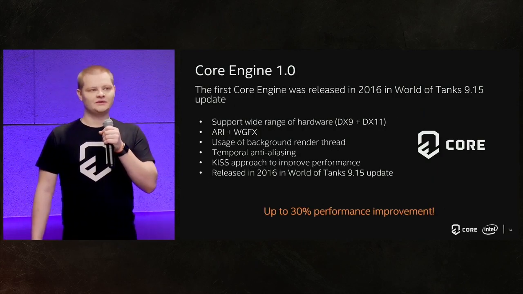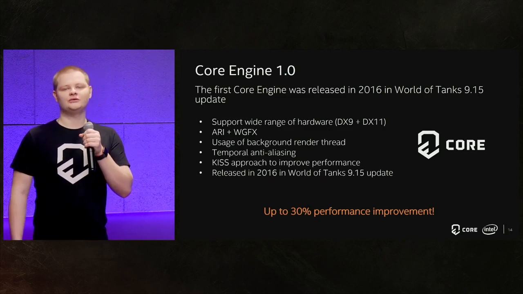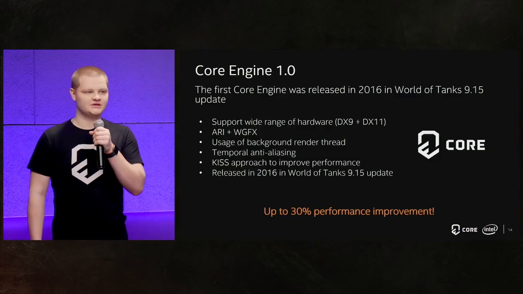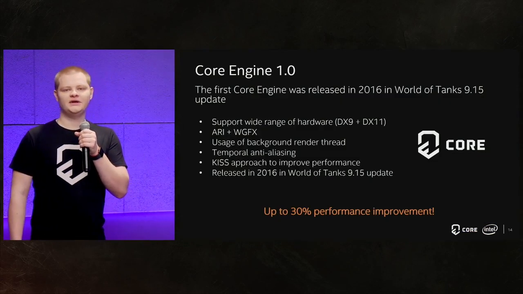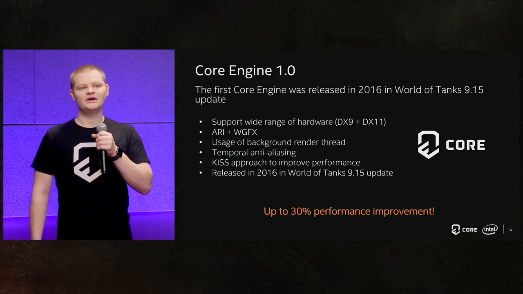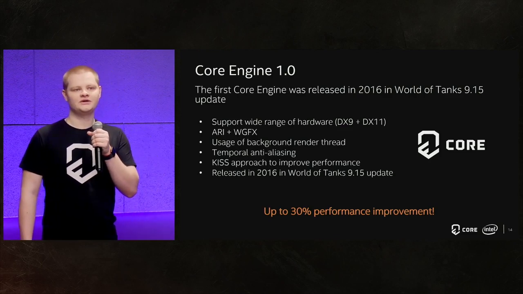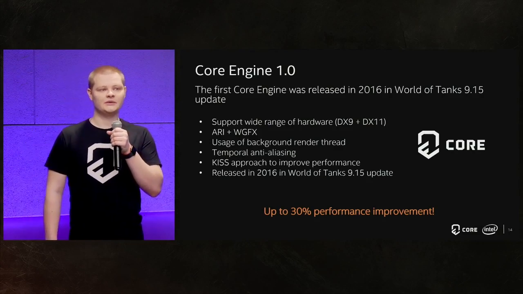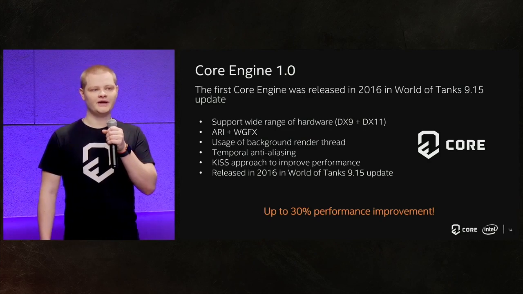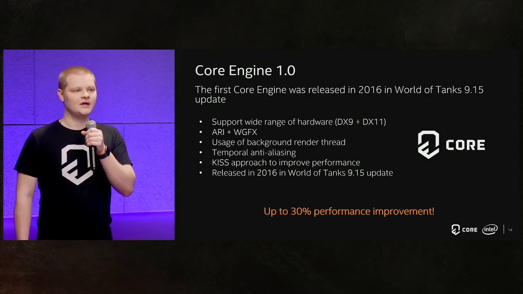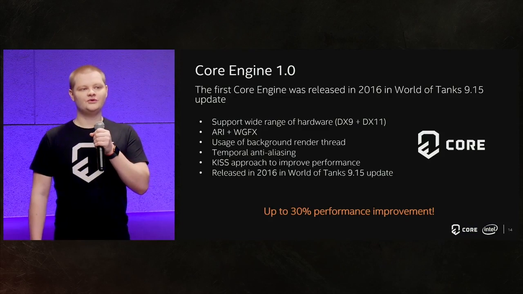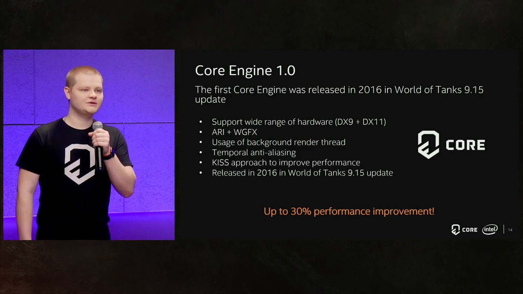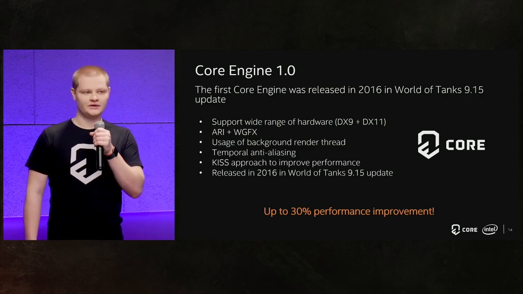The DirectX 11 support became a part of CoreEngine 1.0 together with our significant performance optimizations. In World of Tanks update 9.15, we released the first version of our internal proprietary core engine. It includes AREI and WGFX with two backends, DX9 and DX11. One of the main features that significantly improved performance by up to 30% was the usage of a background render thread.